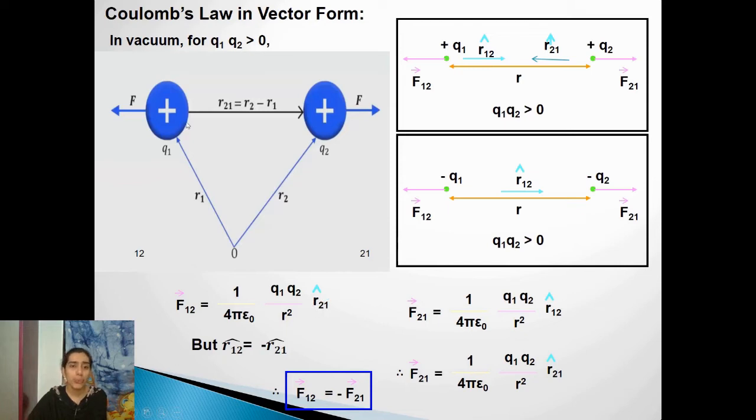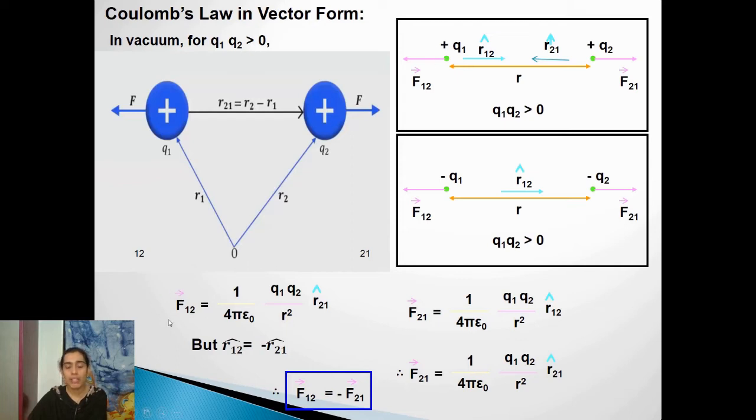R21 cap is the unit vector, which will be directed from the charge 2 towards the charge 1. Since the force will be acting towards the charge 1, the unit vector represents the direction of the force directed towards charge 1, right?